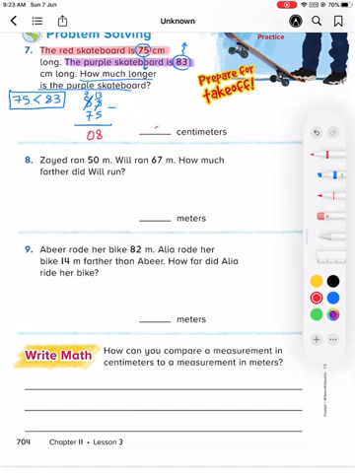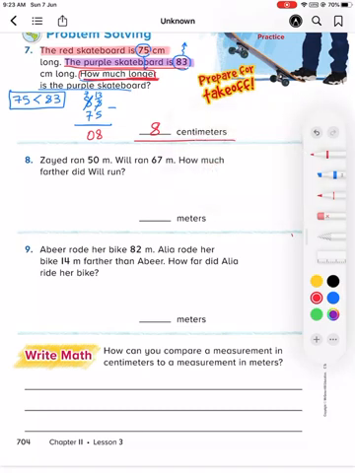So 8 centimeters is the difference between the purple and the red skateboard. And of course, the purple skateboard is the longer one. Look at the question. How much longer? They already know that this purple skateboard is longer, but they want us to find what is the difference and how much longer is the purple skateboard. Now let's go to next question.